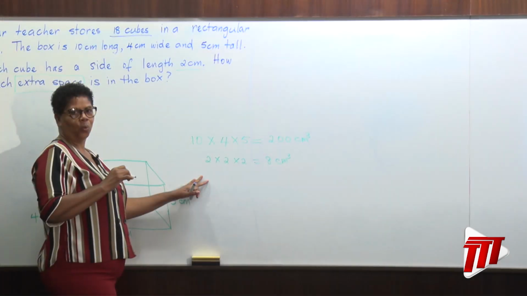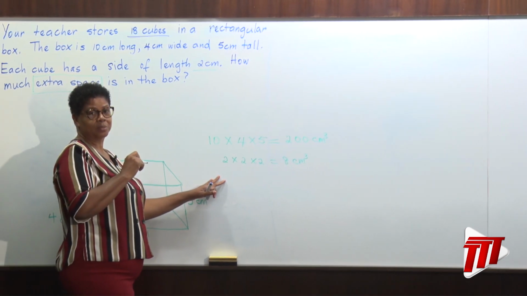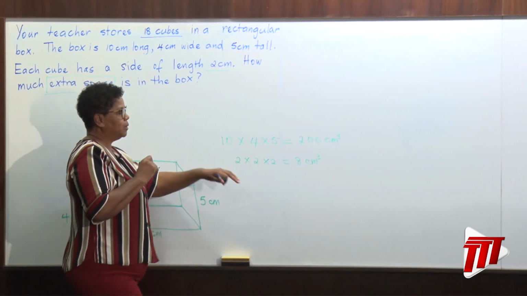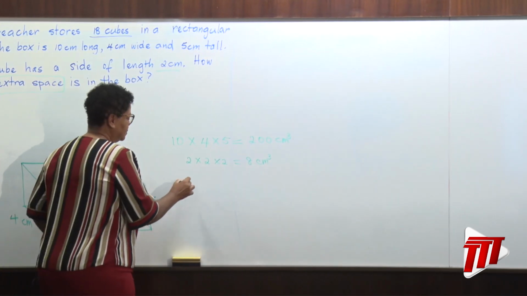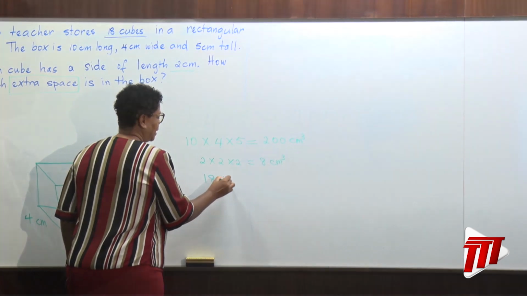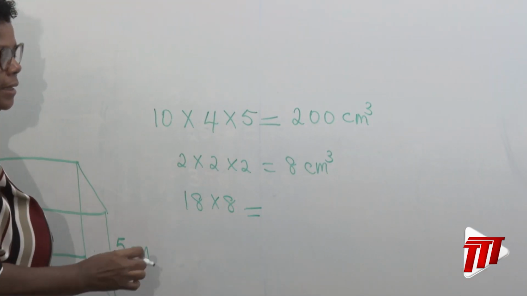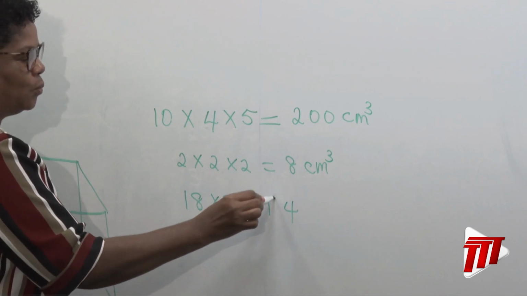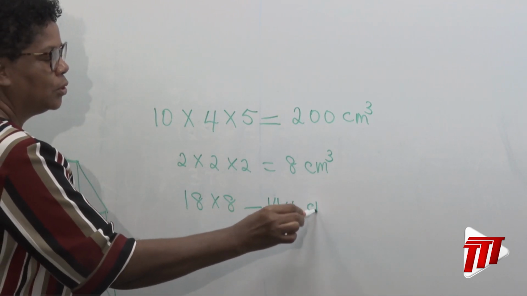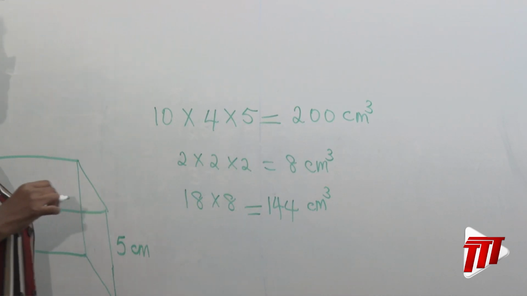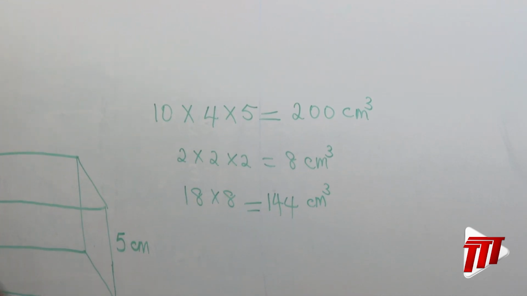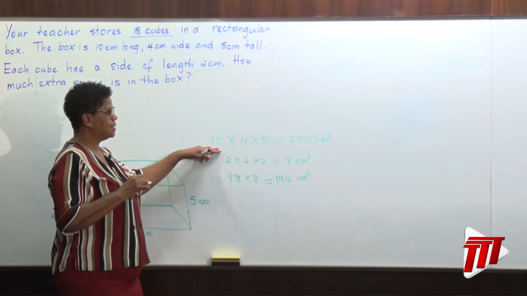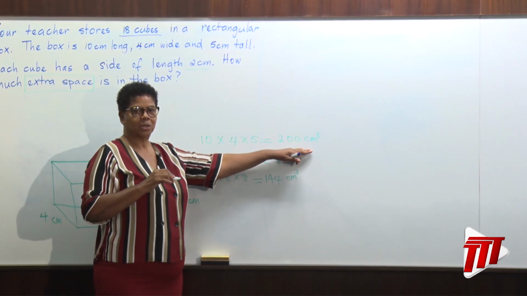That's for one of the 2 centimeter cubes. The box has 18 of them. So we're going to multiply our volume by 18. 18 multiplied by 8 is 144 cubic centimeters. So that's the volume of the cubes in the box. And this is the volume of the box.